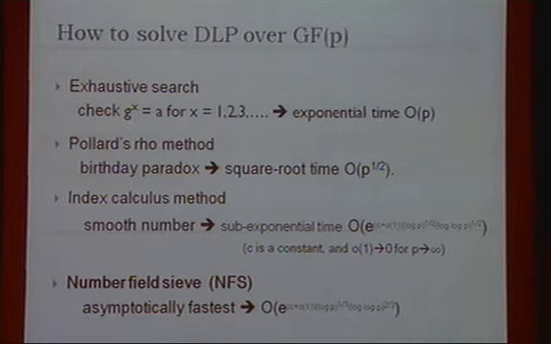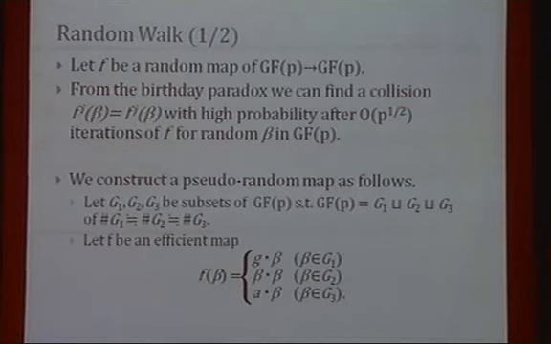Maybe you have already studied these algorithms, so this is just for warming up. I want to explain these two methods in the next 30 minutes. Okay. So let's start with Pollard's rho method. Pollard's rho method uses a random map F from GF(p) to GF(p).